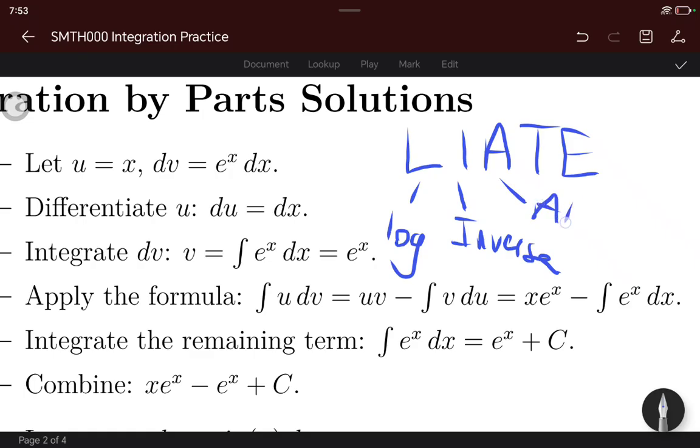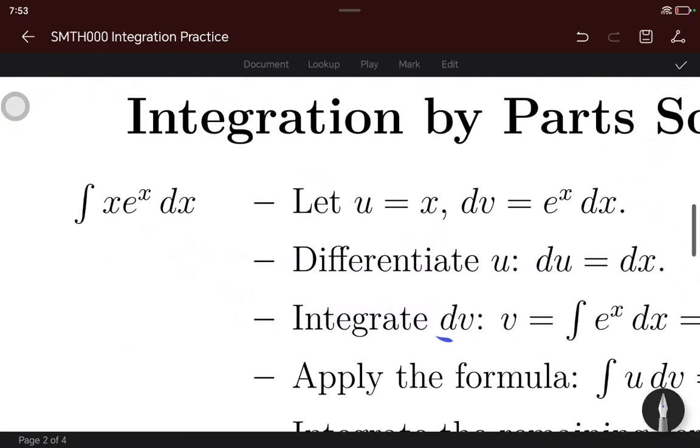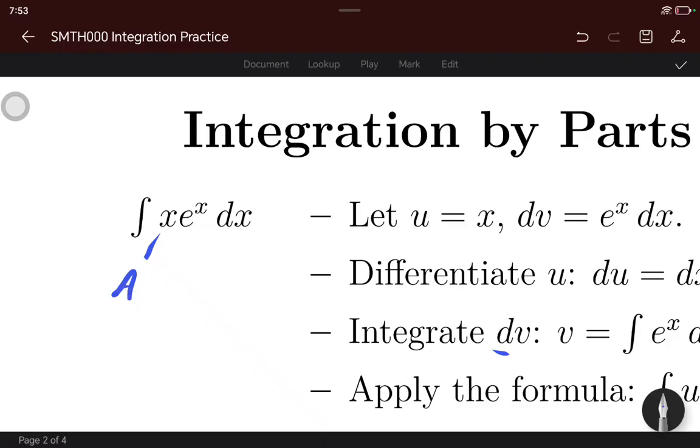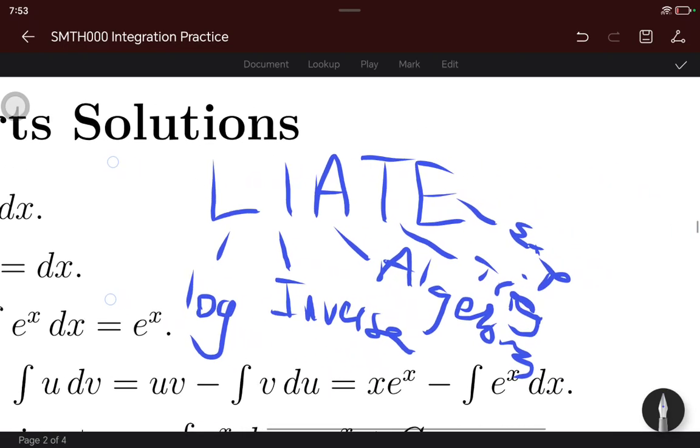This one is the algebra. This is the trig. This is the exponential. You see right? Now when we check here, this is the algebra, the exponential. Which one comes first? It's the algebra. You see right?